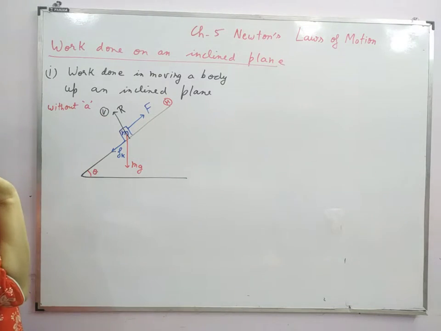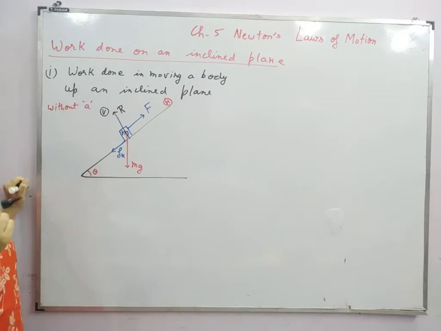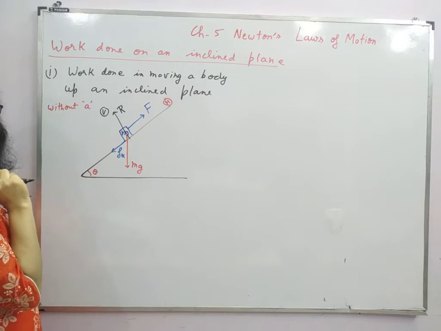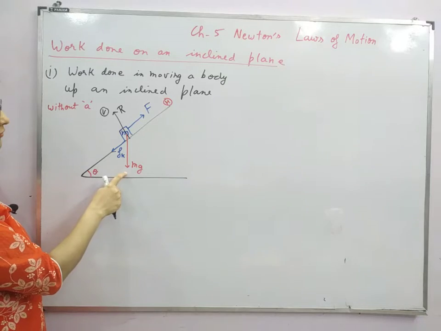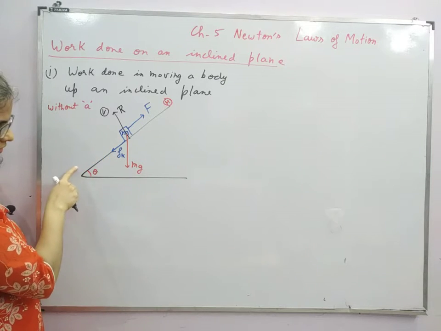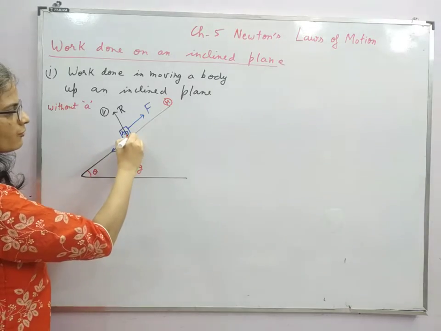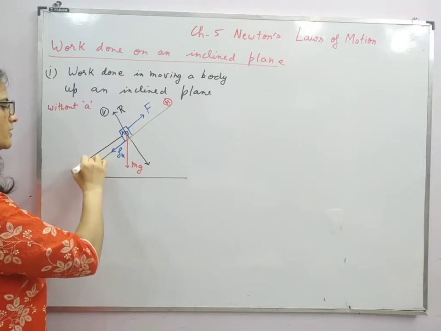R is already along the vertical, friction and applied force are both along the horizontal, but mg, the weight, is in the downward direction, which is oblique. So I need to find the components of this weight along the horizontal and vertical directions. What will be those directions? This one and this one.